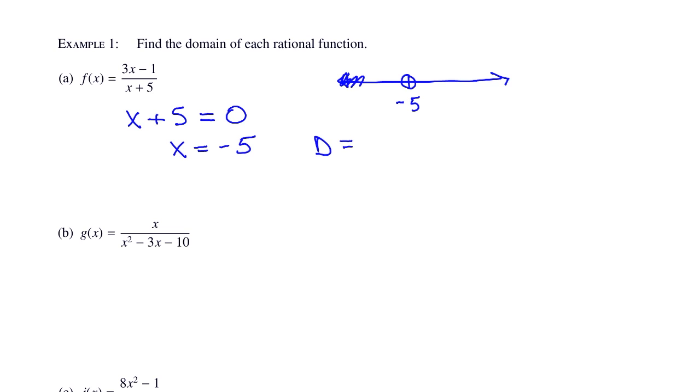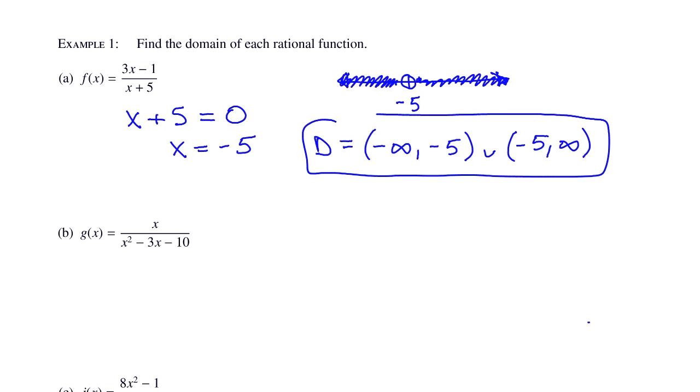You need an interval here on the left that is from negative infinity to negative 5, union, you need an interval on the right side that is negative 5 to infinity. And you can also remember there were other notations that you could use, set builder notation and etc. Here we'll just use interval notation.